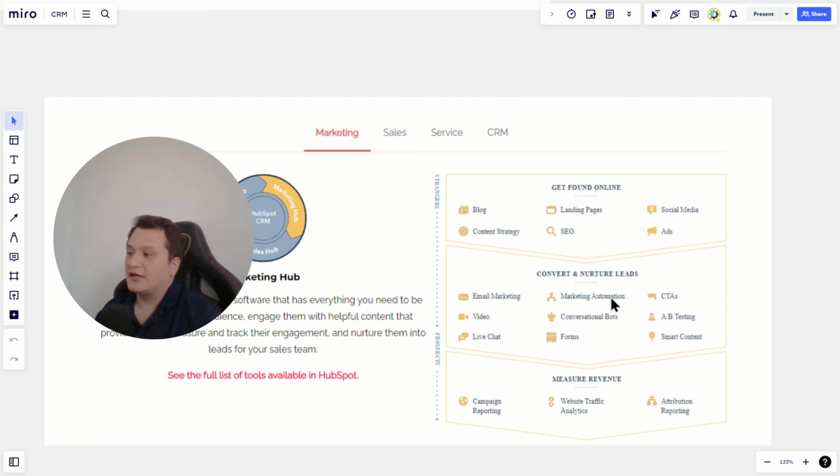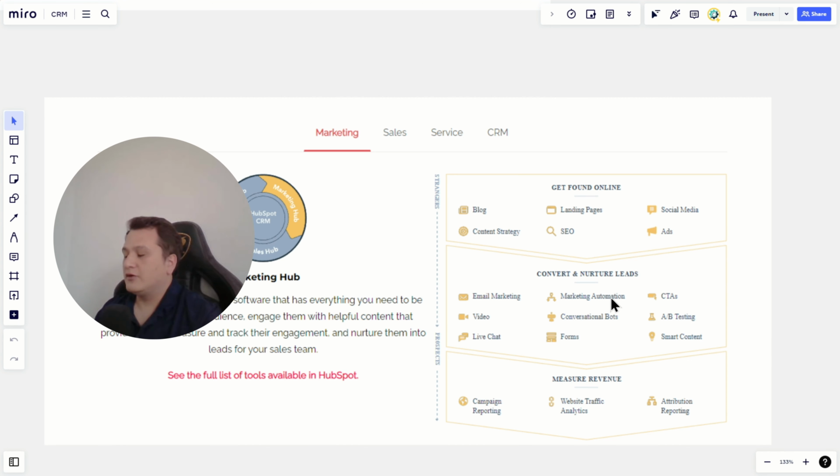So what is the content that you're providing, the information, what is your content strategy, your SEO, your ads, your social media, etc. With that content out there, we're gonna have those strangers coming into your door, seeing your content, and then we move them into the next phase, that is convert and nurture leads.